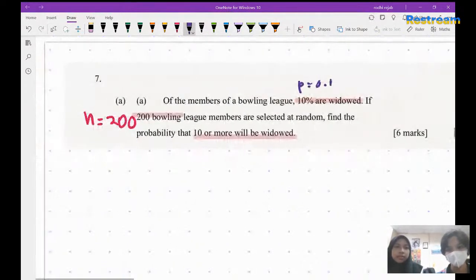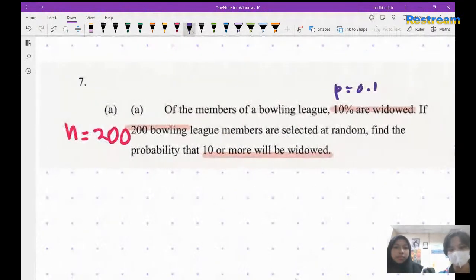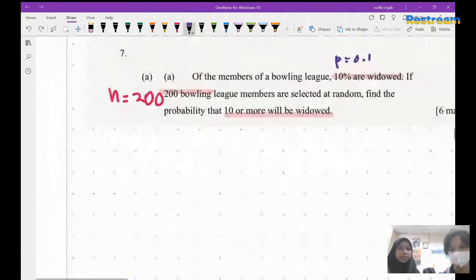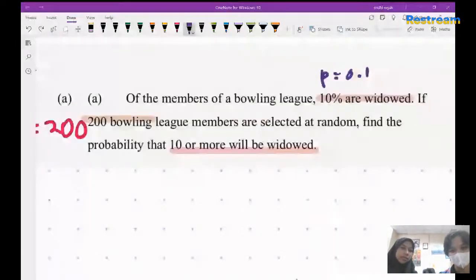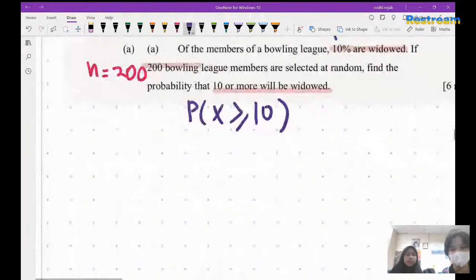Then we read, if 200 bowling league members are selected at random. So what is our solution? Wait, this is the probability that 10 or more, so 10 is included. So how do we do it?